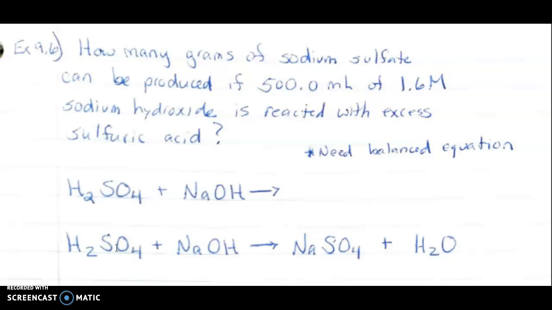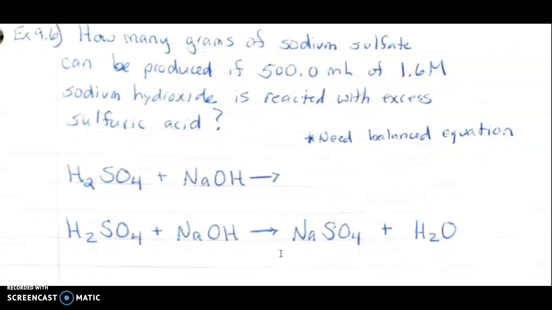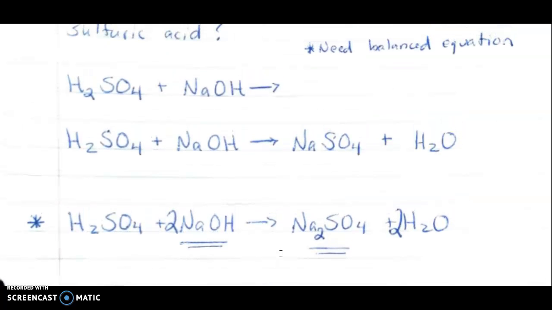So this equation right here, the way it's written, is not correct. So I have rewritten it here. The first thing in balancing this equation is that I know that in order to make sodium sulfate, in order to make this a neutral compound, I need 2 sodium ions for every 1 sulfate polyatomic ion. And once I do that, then I need to go back and make sure each side is balanced.